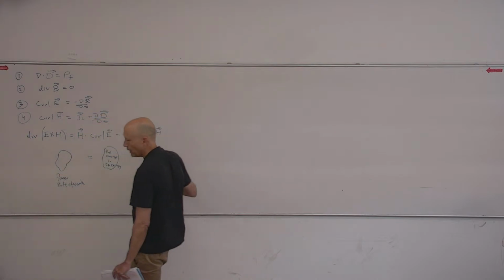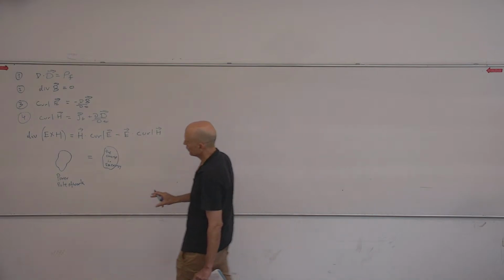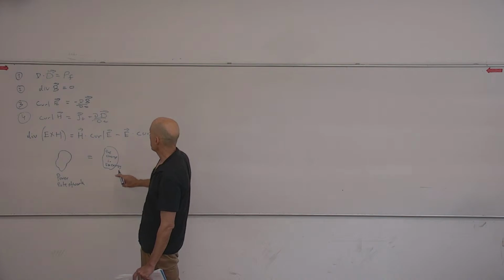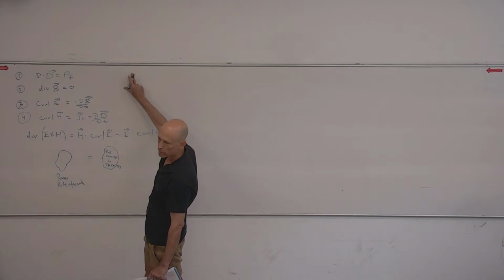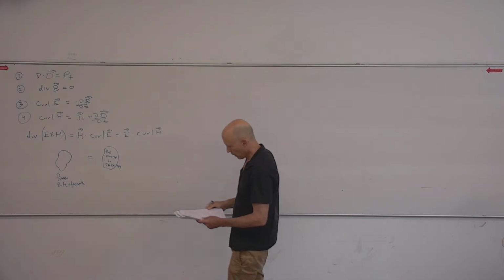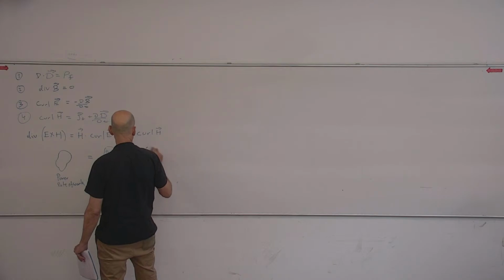So what I'm writing here in a symbolic way is simply the energy conservation. So here I'm generating some heat. Here the change in the electromagnetic energy, which we had before, but I need to define it more precisely. And then minus leakage out.